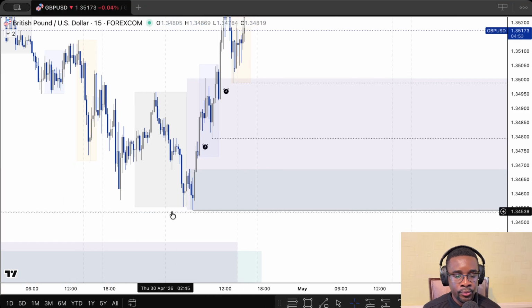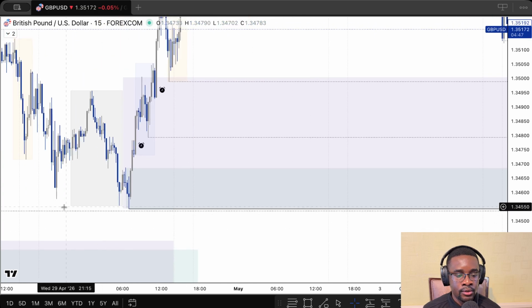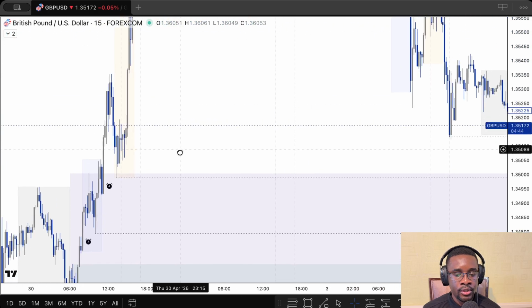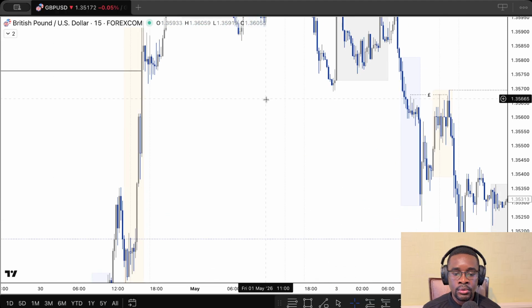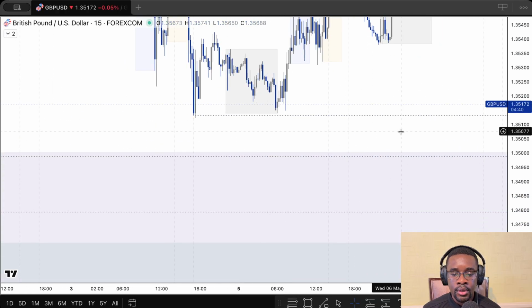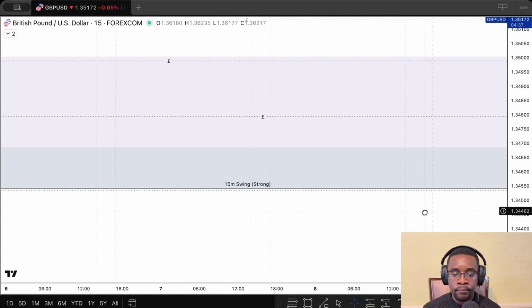So we did have a sweep. So this is a relatively strong area because it had a sweep and then led to a break of structure and pushed price all the way to that top.